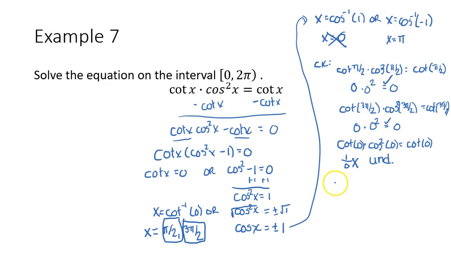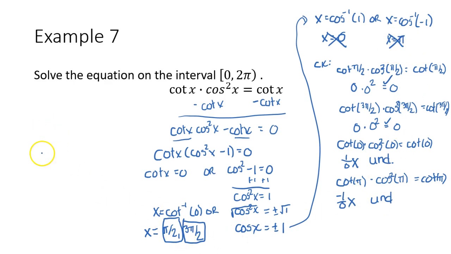Let's check pi. The cotangent of pi times the cosine squared of pi is equal to the cotangent of pi. All right, at pi, the cotangent is -1 divided by 0. That is also undefined. Therefore, pi is not a solution.